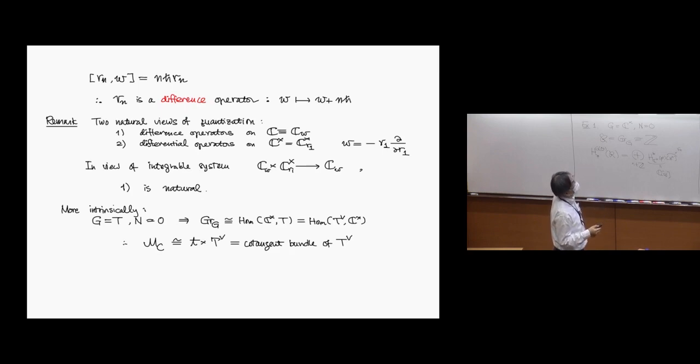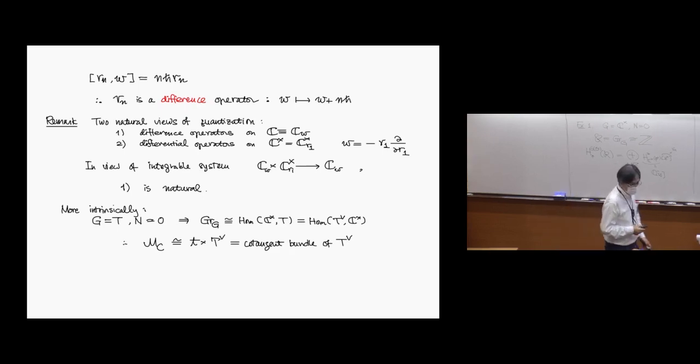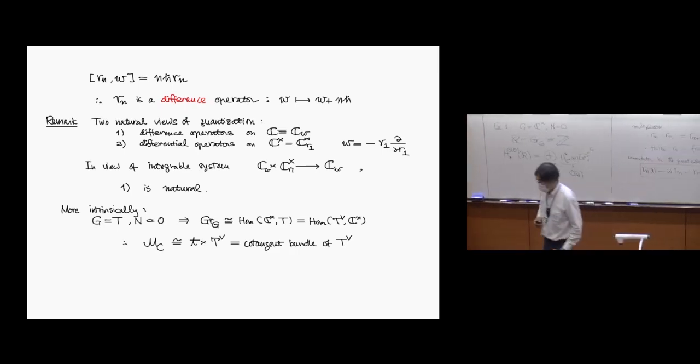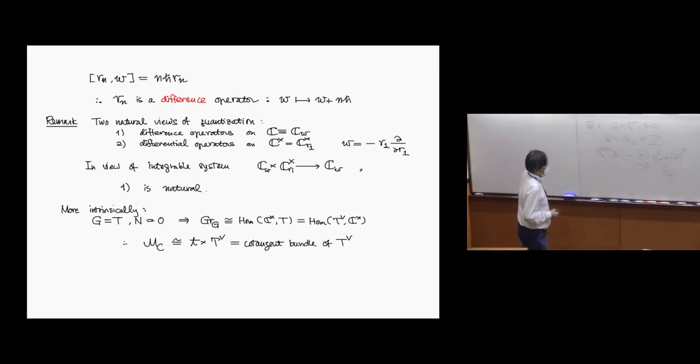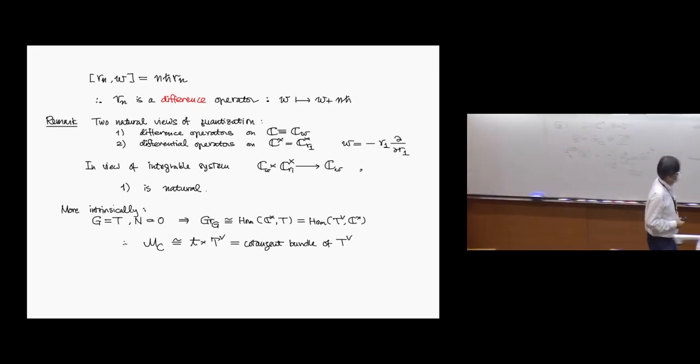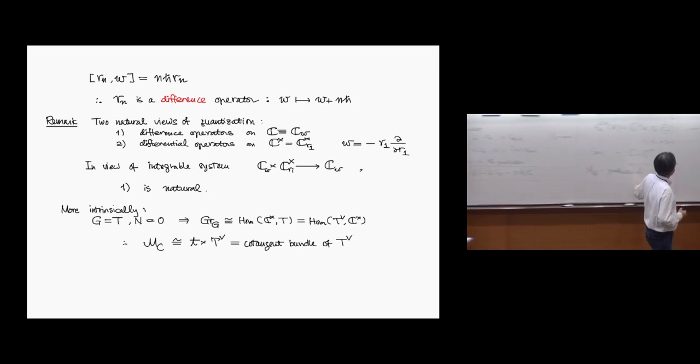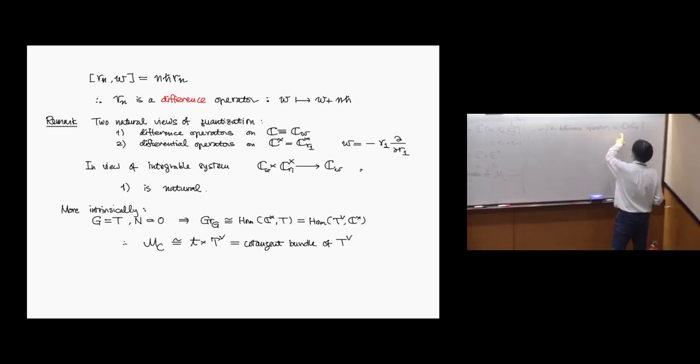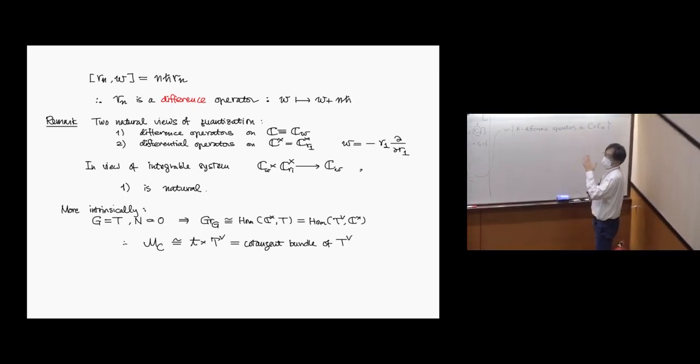W is a differential operator, a natural differential operator on C star, given by this. Then it satisfies this formula. So you have two natural viewpoints for this quantization. As I said, the first one is the difference operator, and the second one is the differential operator.